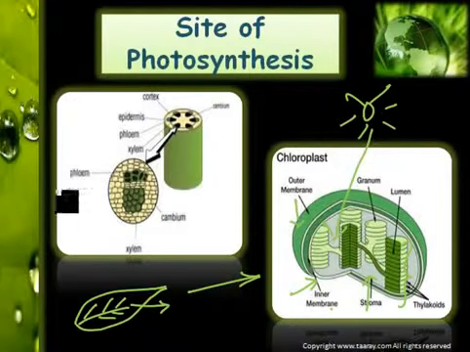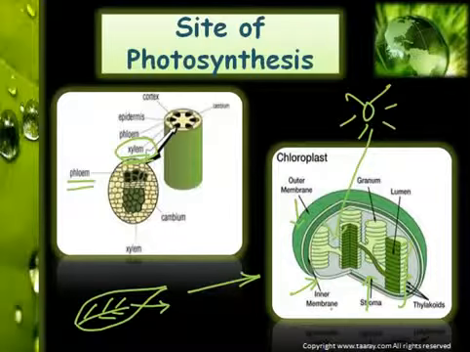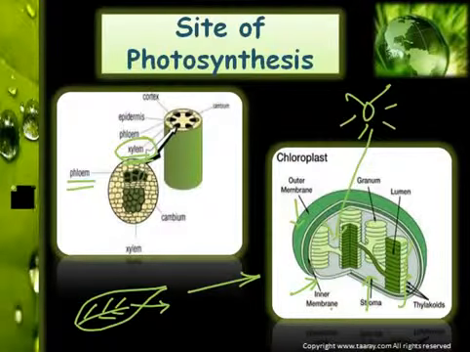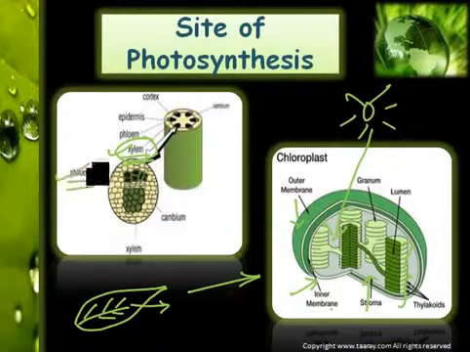Now here we will have a look at the important tissues of plants. The first is the xylem, which carries absorbed water and mineral salts to other parts of the plant. Roots mainly absorb the water, and it is then transported to other parts by the xylem. Next comes the phloem.